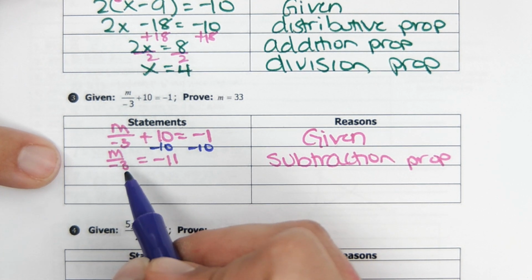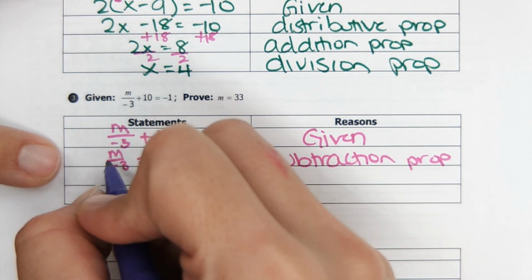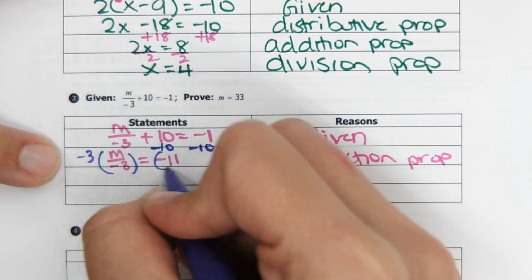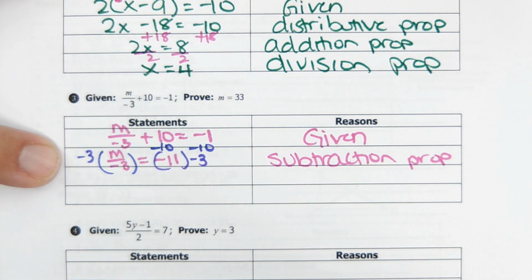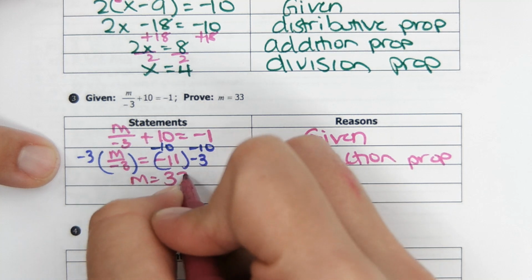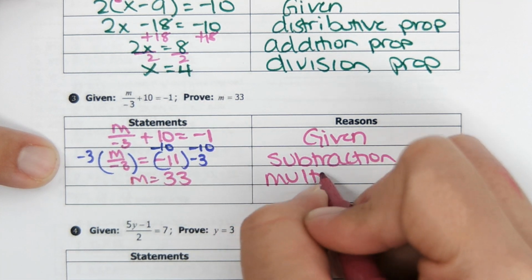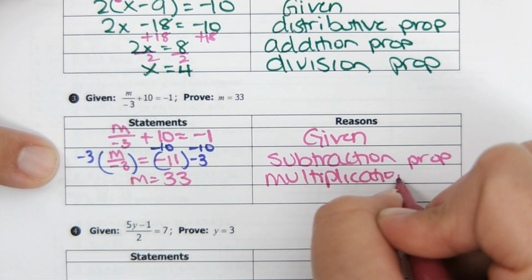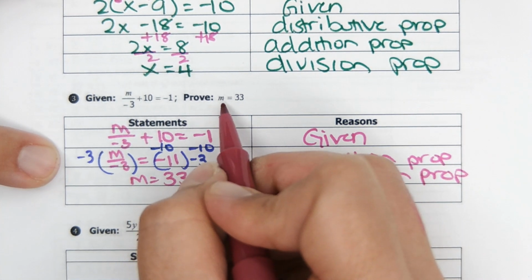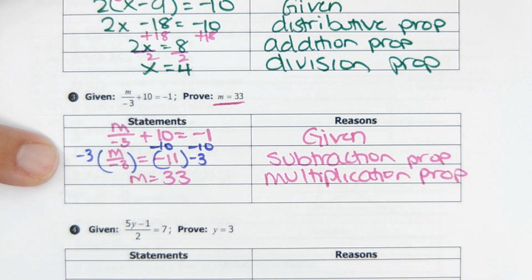The next step to solve this and get m by itself is to multiply both sides by negative 3, and I get m equals 33, and I used multiplication property. And then once I get to the prove statement, which is m equals 33, I'm done.